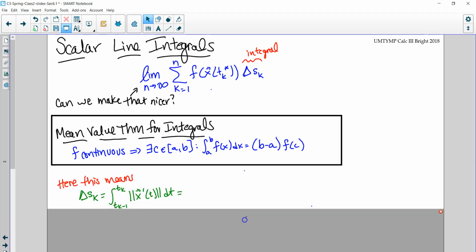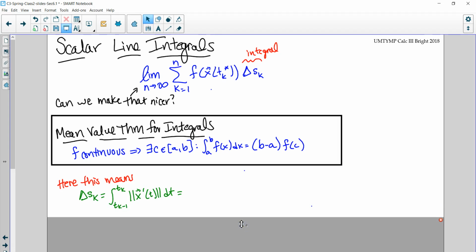If I look at that s, or delta sk, according to this theorem, if I use the conclusion, so I'm using this part, well, I have the integral.